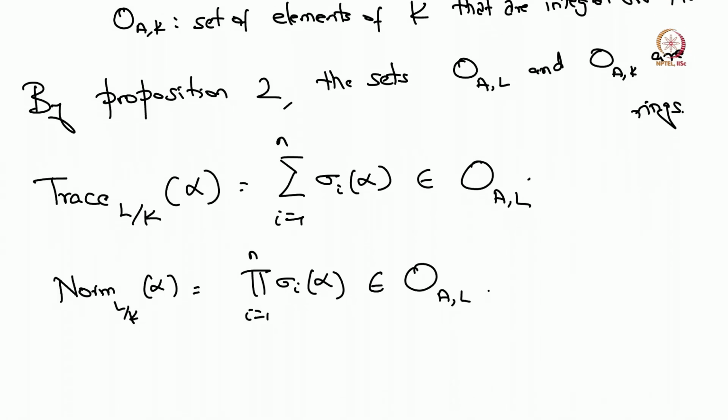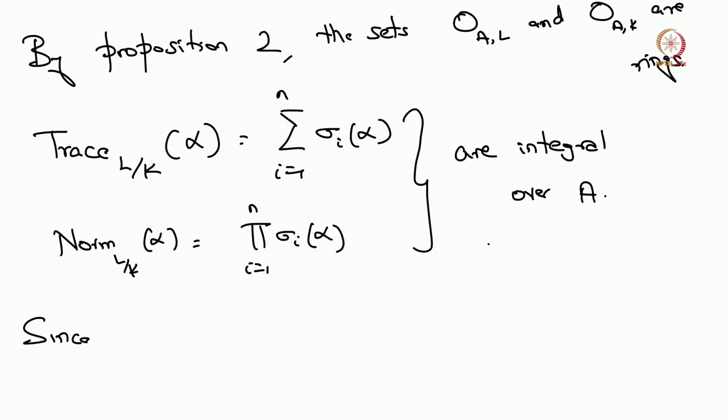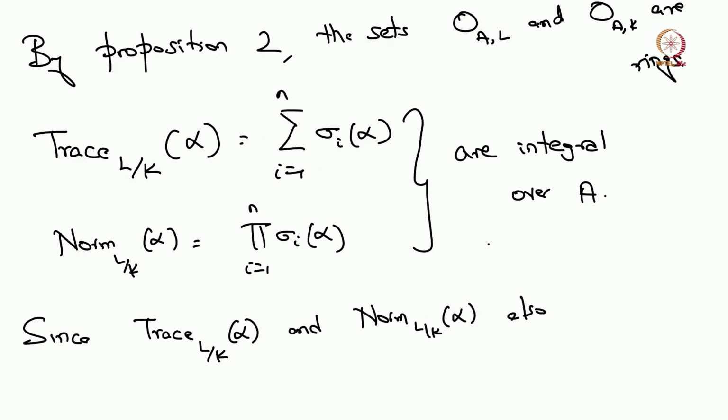So both of them are integral over A, but they also belong to K, just by how the trace and norm are defined.